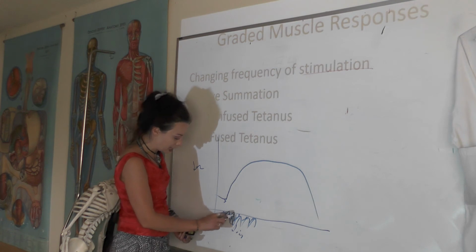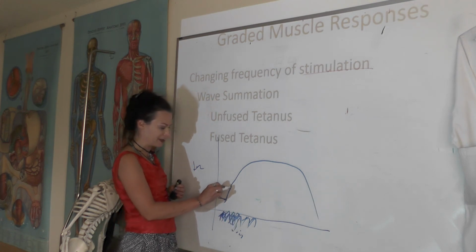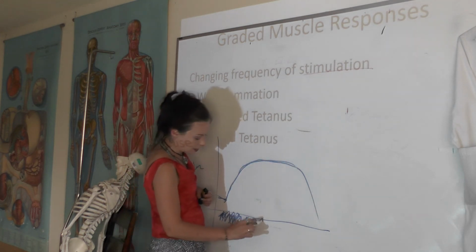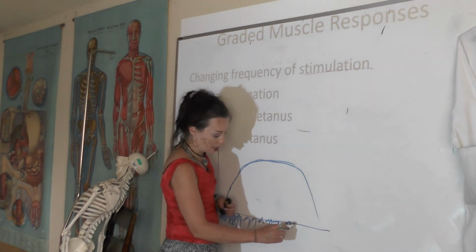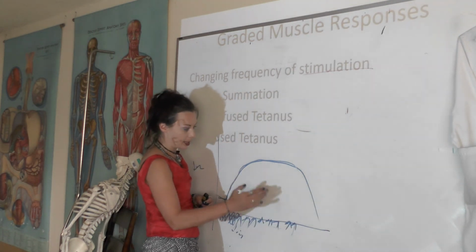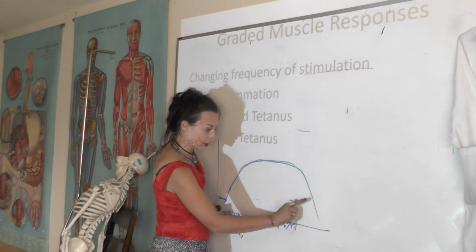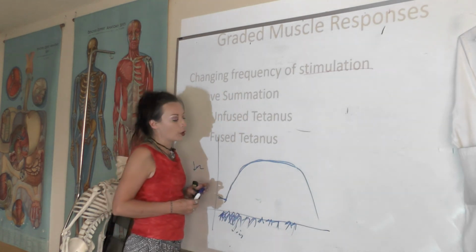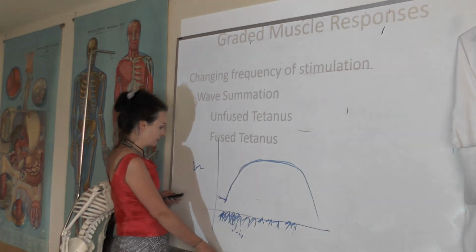Each consecutive stimulus is coming so quickly that after my latent period, as soon as I start developing tension, I'm just going to keep developing tension. And this will occur until I stop stimulating the muscle and can actively pump all that calcium back in, or your muscle reaches fatigue. If you reach fatigue, you'll also have a drop off in tension.